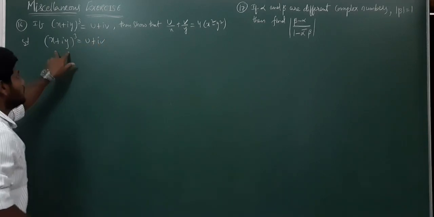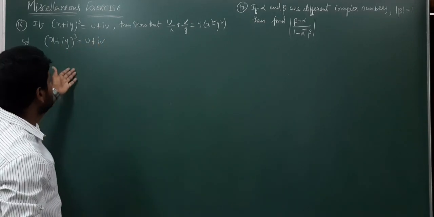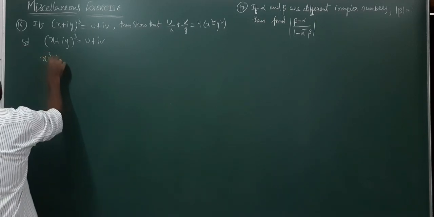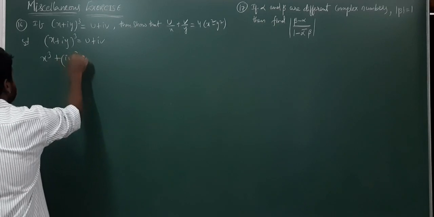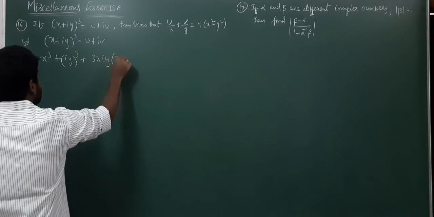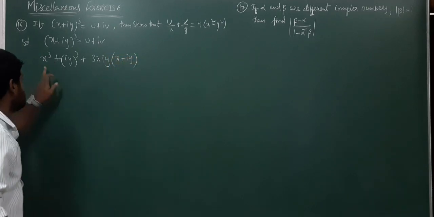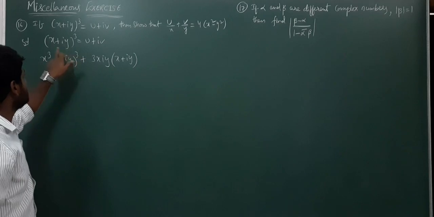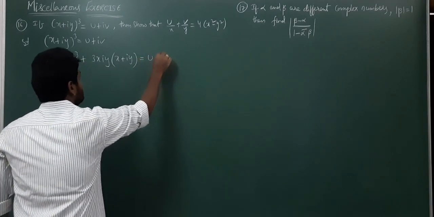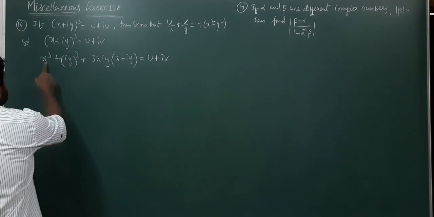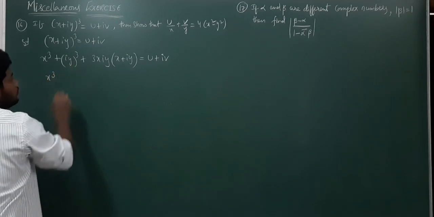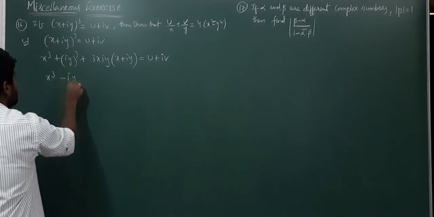This is the form of (a plus b) whole cube. You know (a plus b) whole cube is a cube plus b cube plus 3ab into (a plus b). So it is x cube plus (iy) whole cube plus 3x iy into (x plus iy), which is equal to u plus iv. (iy) whole cube is nothing but minus i y cube.